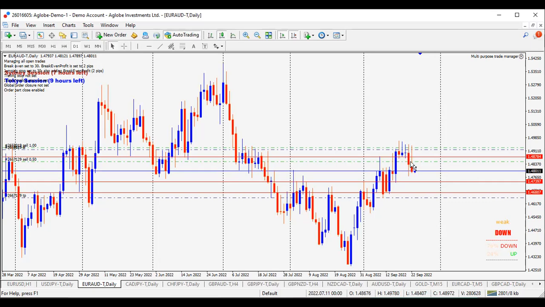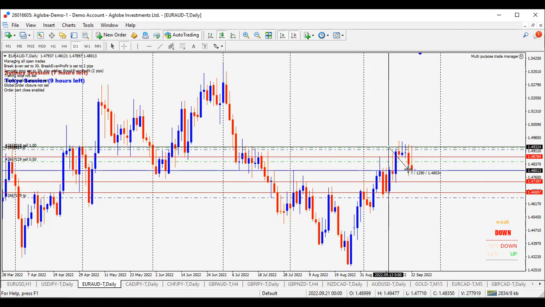And you can see what price has been doing ever since I sold. I've made currently how many? 130 pips averagely now, and it's still ongoing. I expect price to come to this region.